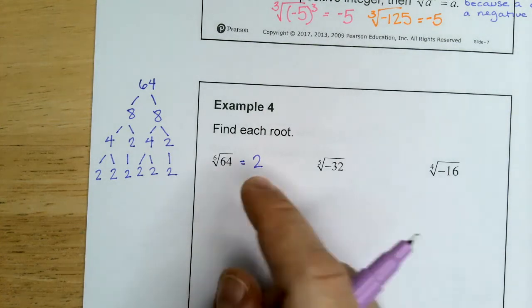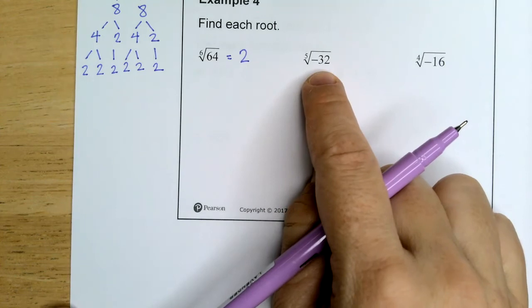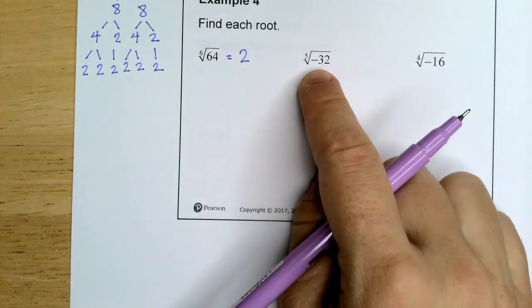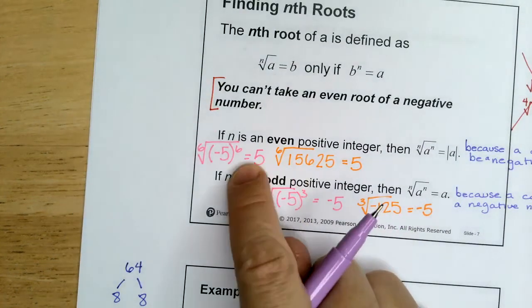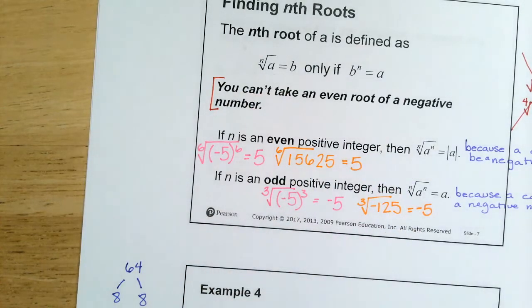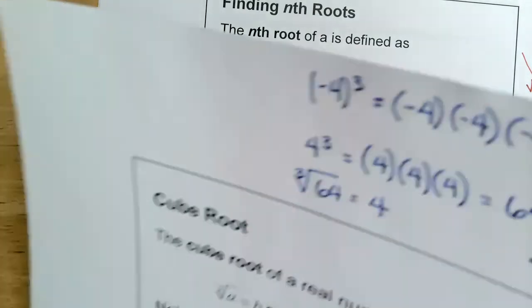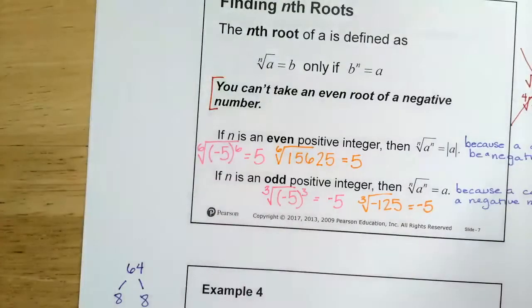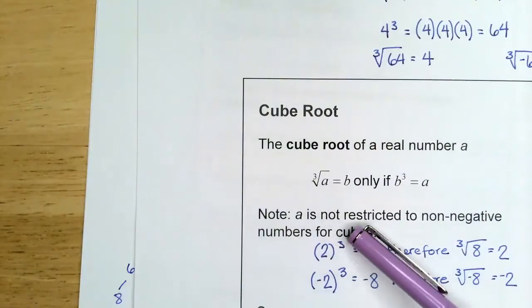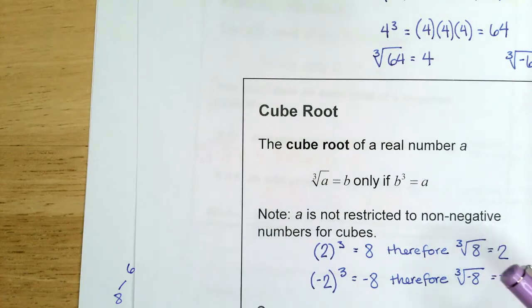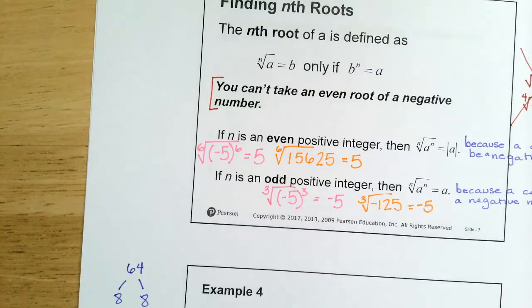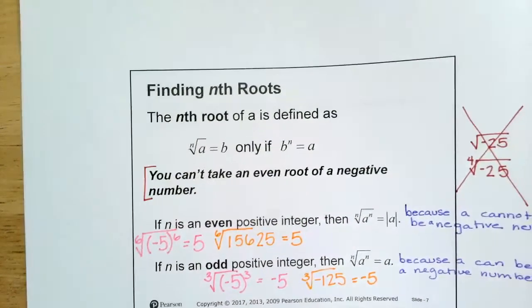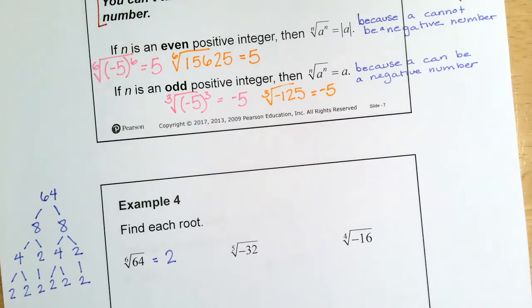Okay. Now let's do -32. I can do a negative because it is odd, right? If it's an odd root, it is not restricted to non-negative. So if it's an odd root, it can have a negative.